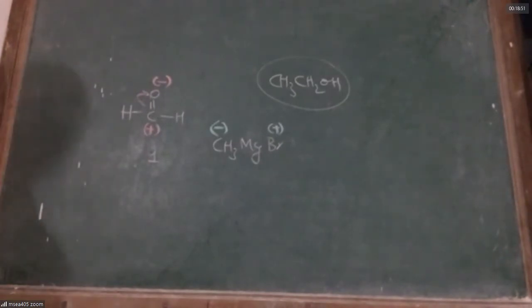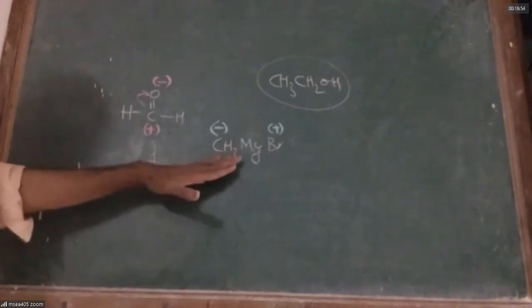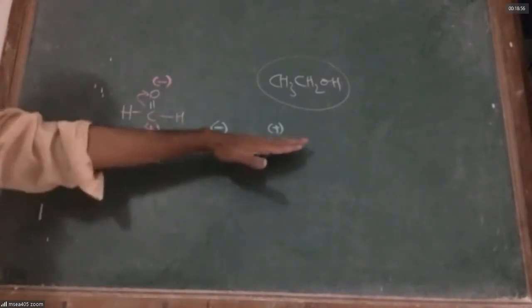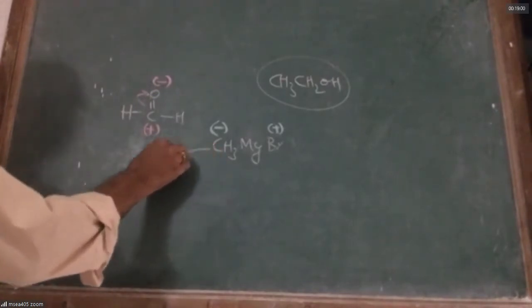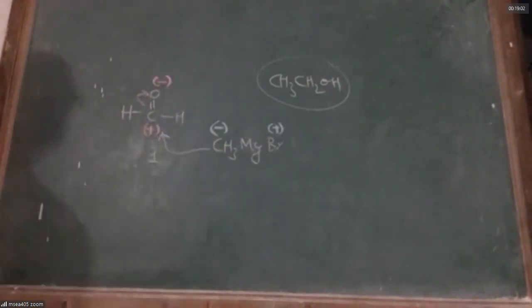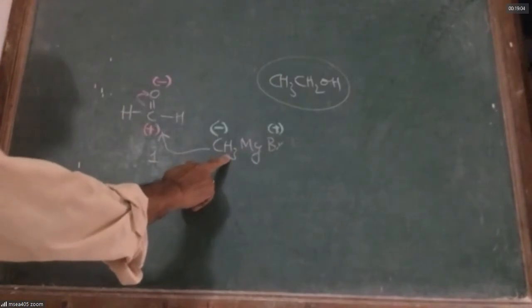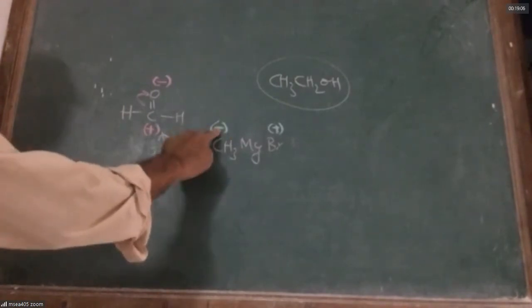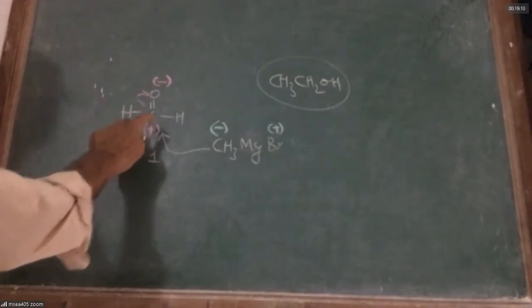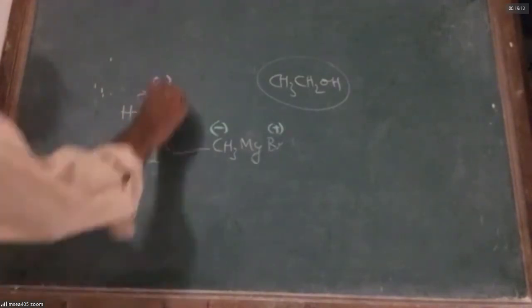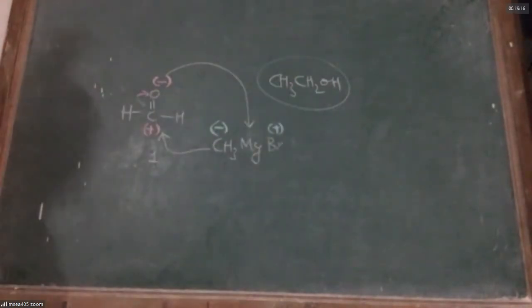Minus will attack the positive side, plus will attack the minus side. You can clearly see the carbon attacks carbon. The Grignard reagent alkyl group, which has a minus charge, attacks the carbon of the carbonyl group that has a plus charge. The oxygen combines with MgBr because it has a plus charge.